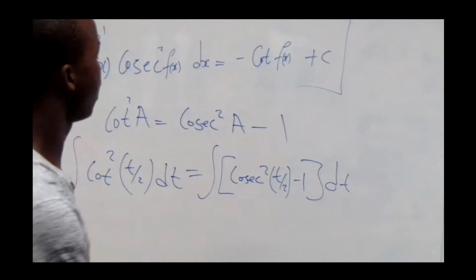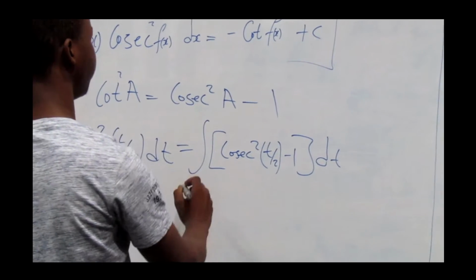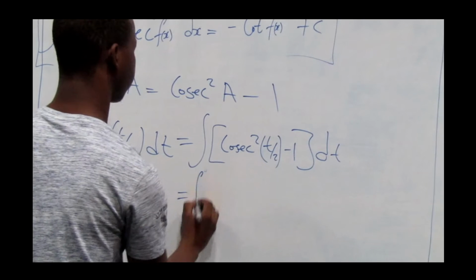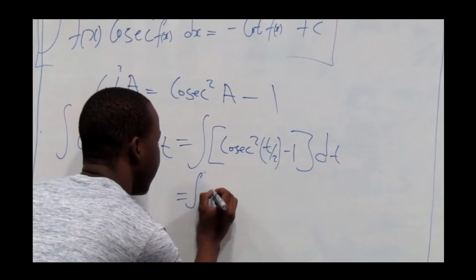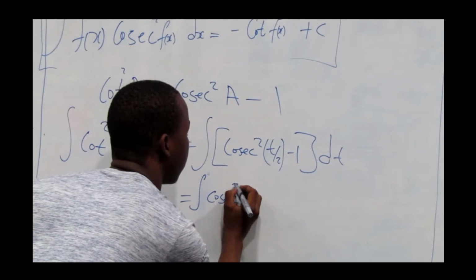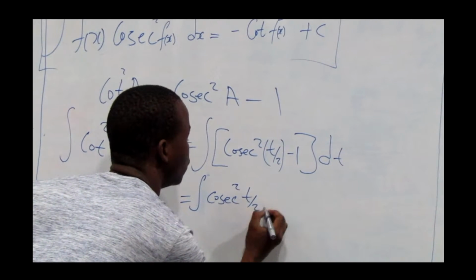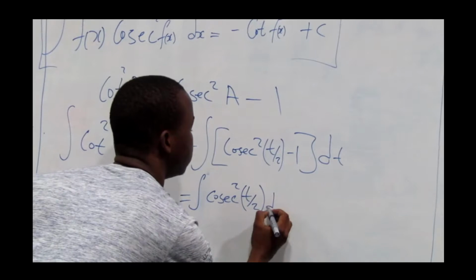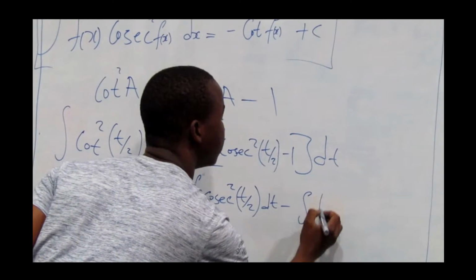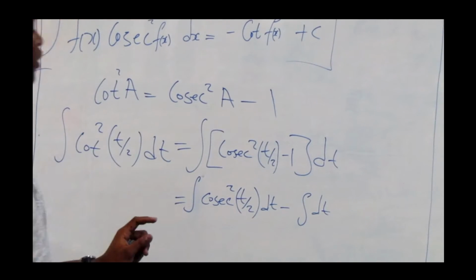Then from here, we expand this equation, which is going to be cosec square t over 2 dt minus the integral of dt.